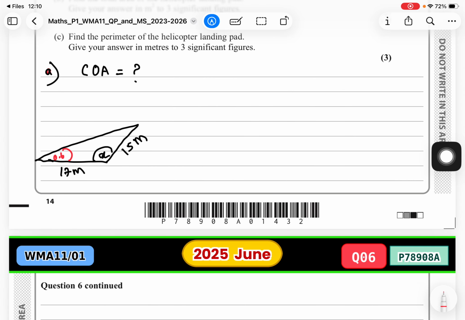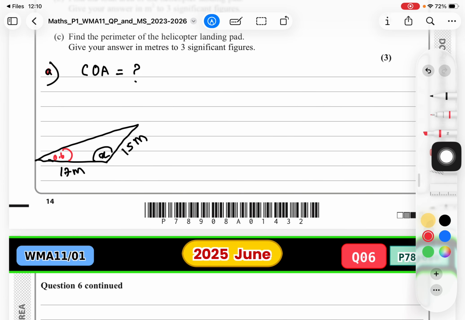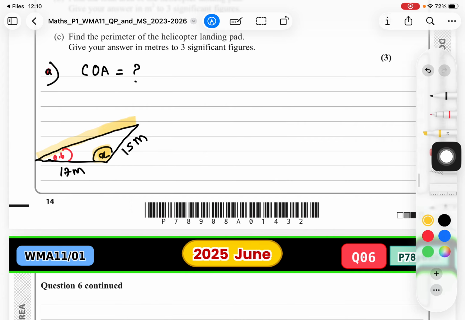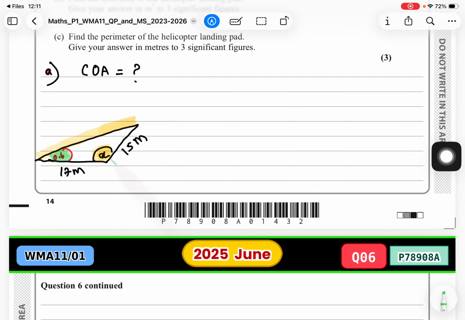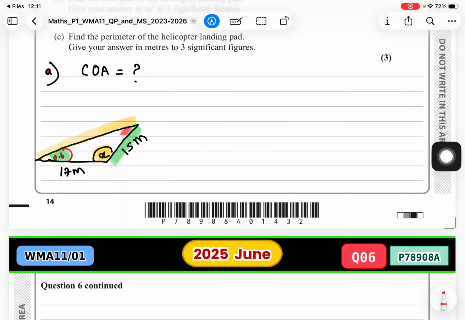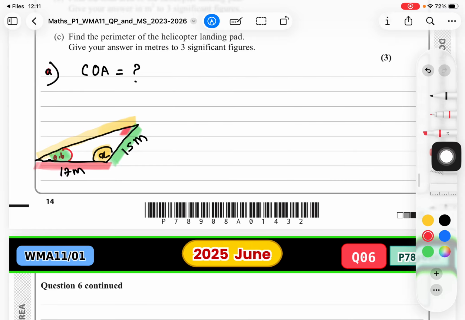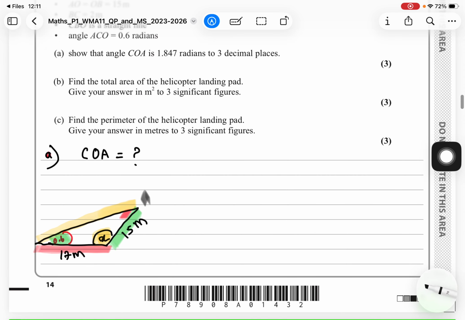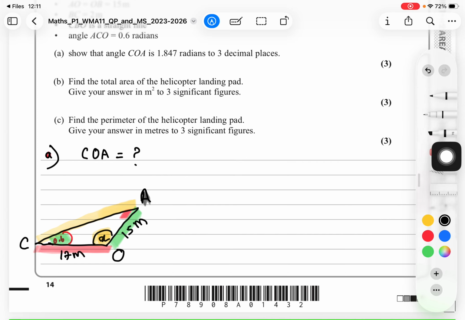By sine rule, this angle will correspond to this side, this angle will correspond to this side, and this angle will correspond to this side. This is how we have it. Also, if I put the variable, it's ACO, and A is here. These are the values that we have by now.